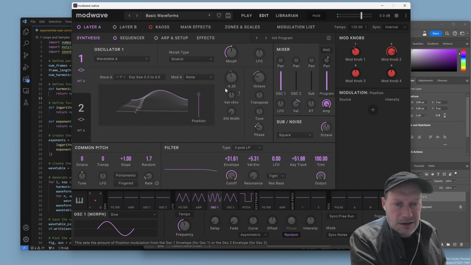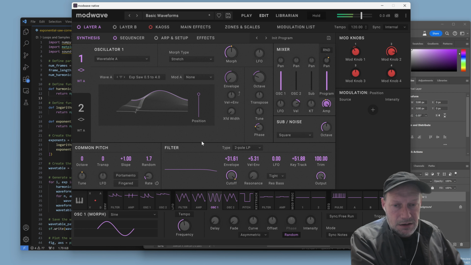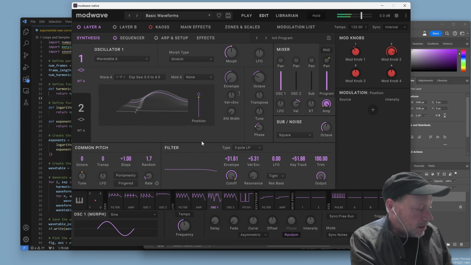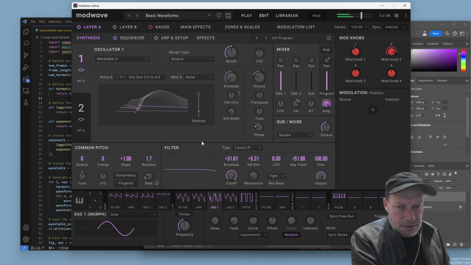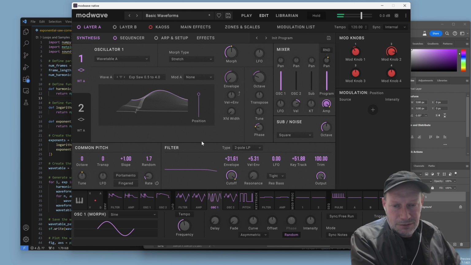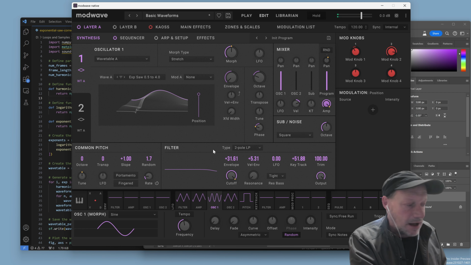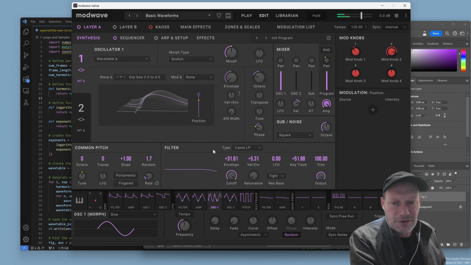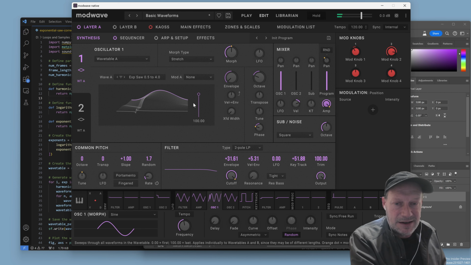Let's go from the higher frequency to the lower. So that's maybe a useful wavetable itself. It's an interesting sound. This could be interesting for plucks or something, but that answers that question.